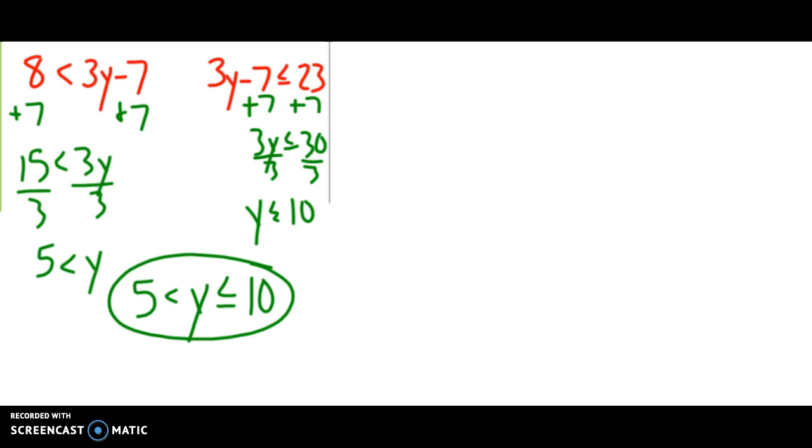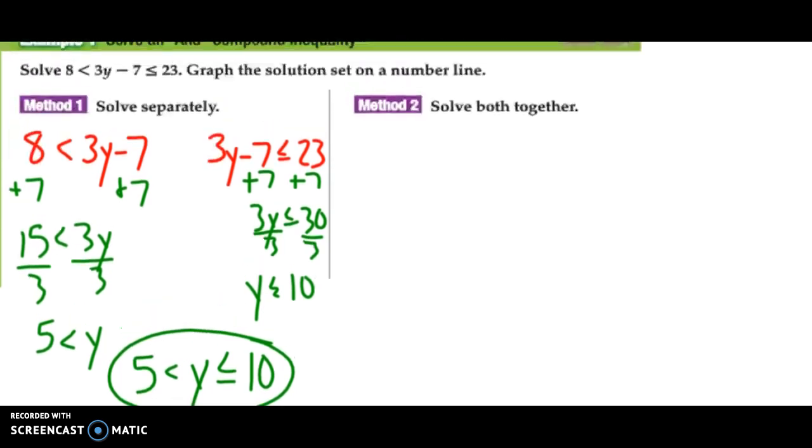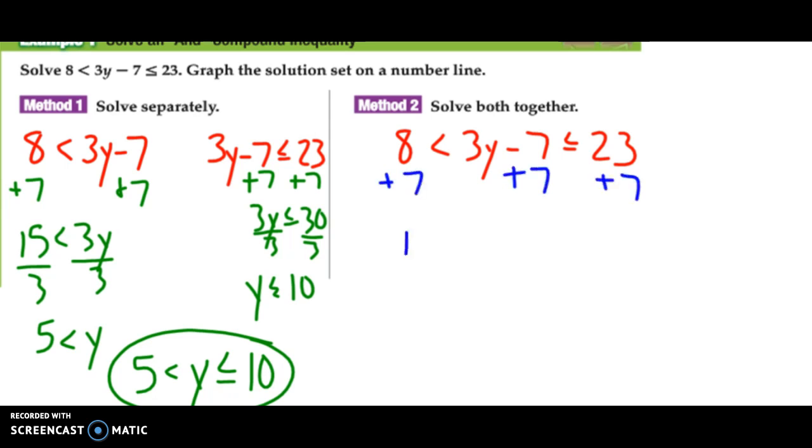Now the method I prefer is to do them both at the same time. So 8 is less than 3y minus 7, which is less than or equal to 23. All I'm doing is adding 7 to everything. Now I'm at 15 is less than 3y, which is less than or equal to 30.